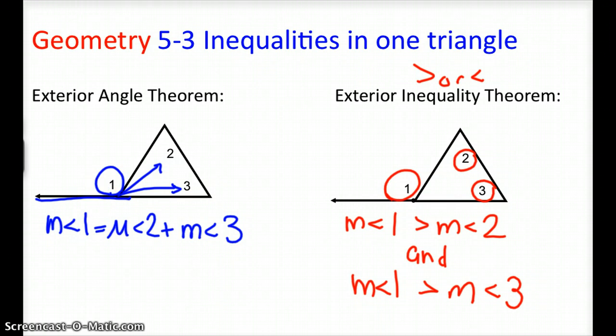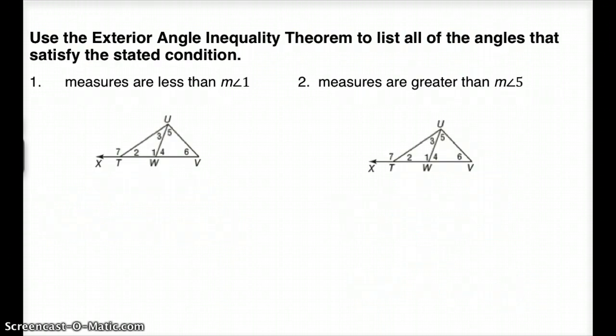All right, so let's take a look at our example problems. It says use the exterior angle inequality theorem to list all angles that satisfy the condition. In number 1, I am looking at angle 1, and I want angles that are less than 1. That means 1 has to be the bigger angle. Well, the bigger angle is always the exterior angle.